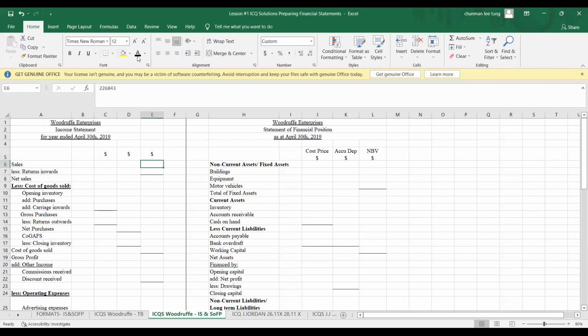It was from the trial balance. So we're not going back to the question. We are looking at the trial balance, $226,843. And you all want to know a little secret, a little way to at least try to balance, at least ensuring that you account for everything correctly and didn't miss anything, because we have a list of items.